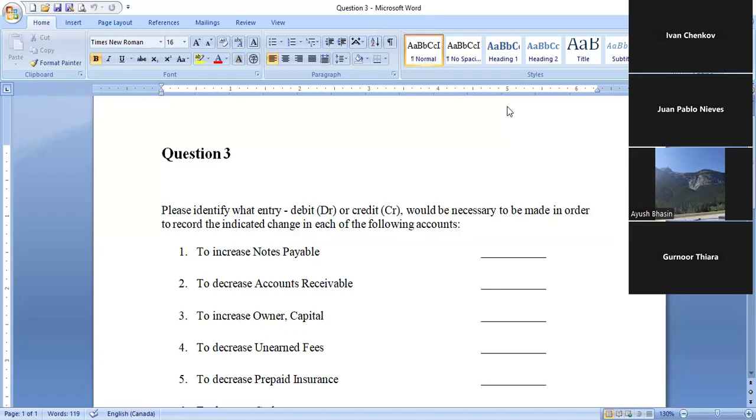Let's go to the next account, owner's capital. Should an increase in an asset account increase owner's capital? Not necessarily. It will increase the capital in certain circumstances, for example if the owners invest money.